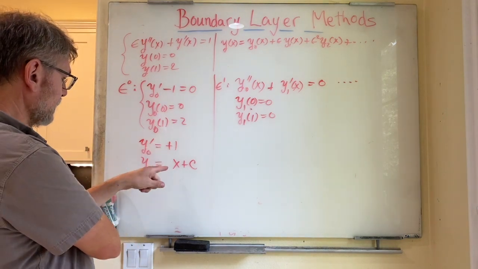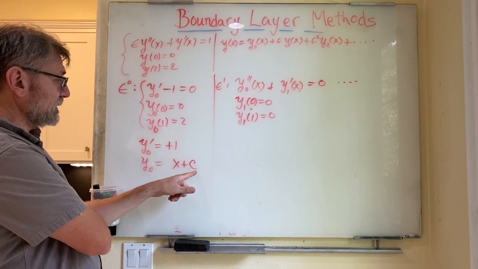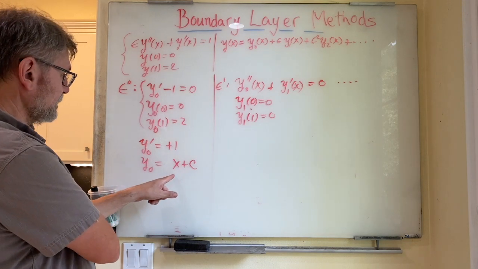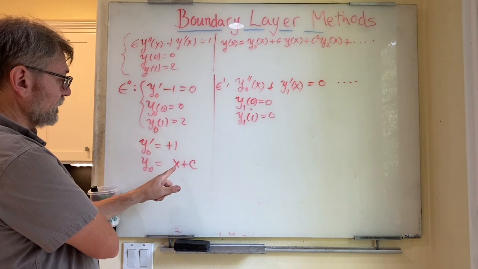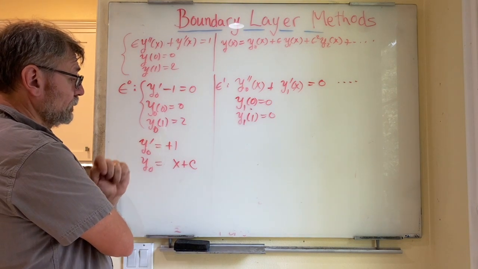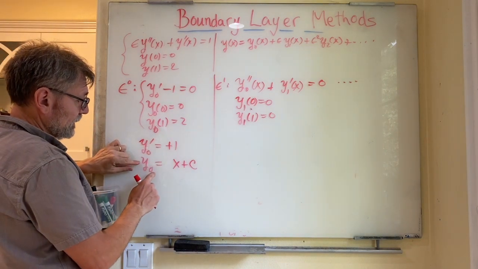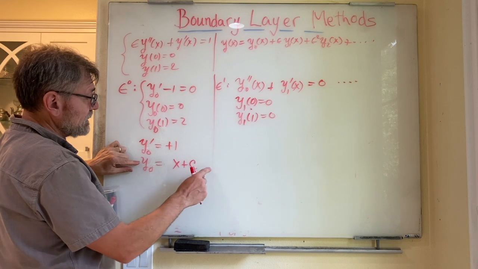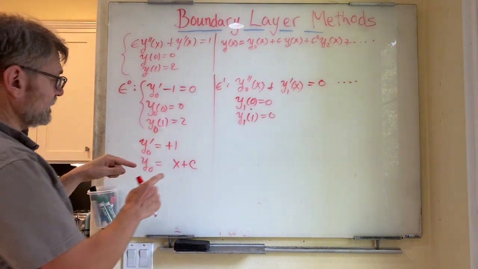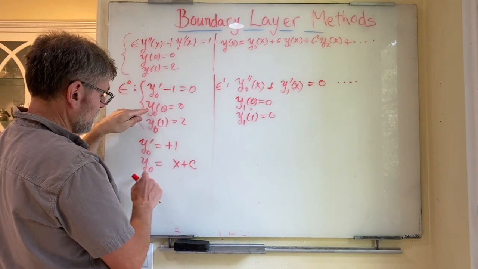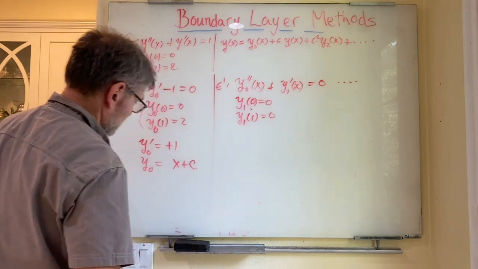If we try to plug in at x equals 0, then that would mean c is 0. But if c is 0, then y naught of 1 is going to be equal to 1, not 2. On the other hand, if we try to satisfy the boundary condition at 1, we get 1 plus c is equal to 2, or c is equal to 1. And if c is 1, then when I plug in 0, I get y naught of 0 is equal to 1, not 0. Right?